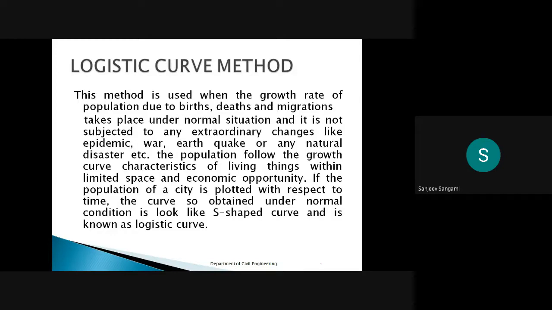Next it will be exponential, like 100 raised to 2, then next decade 100 raised to 3. Means you can say that the population is growing in an exponential way. Then this method is preferred.